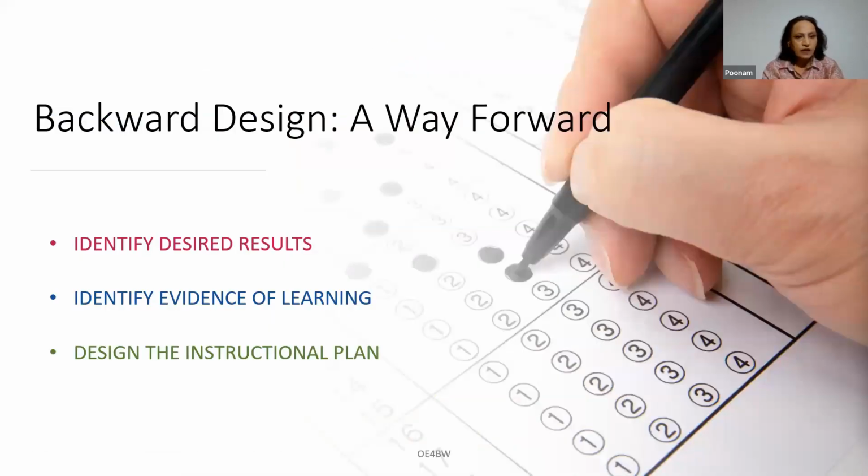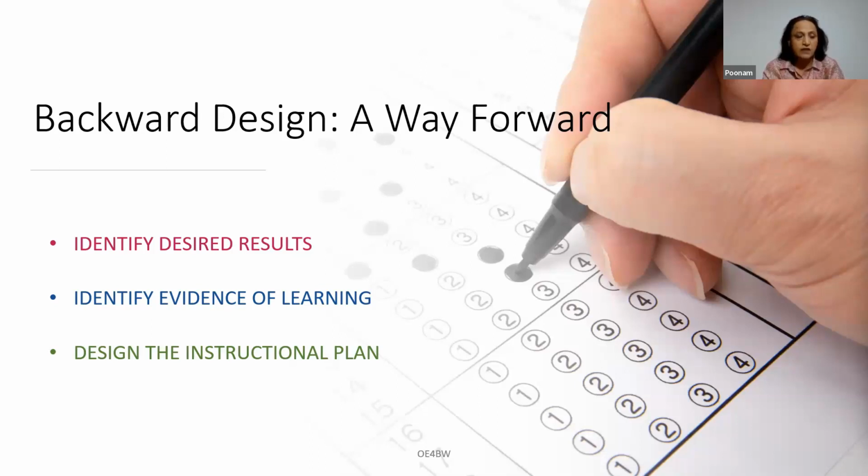Backward design actually requires three critical steps. One is to identify desired results. That is, what should students know and be able to do at the end of the course? These are nothing but learning outcomes. Or, what do you want the students to learn? That must be clear.